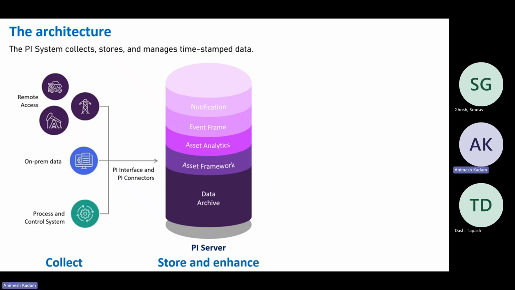We have that slide going forward, but just to say in one line: interfaces are mostly generic. They will be used for similar kinds of data sources. Suppose the PI interface for OPC DA will be used for all OPC DA servers, so it doesn't matter which OPC server you are using.